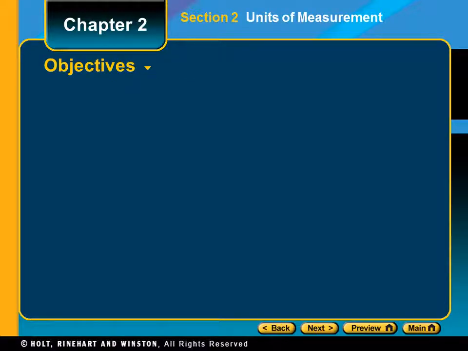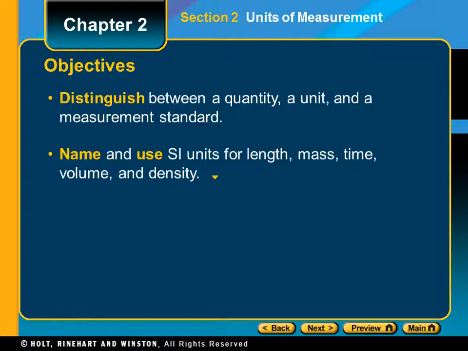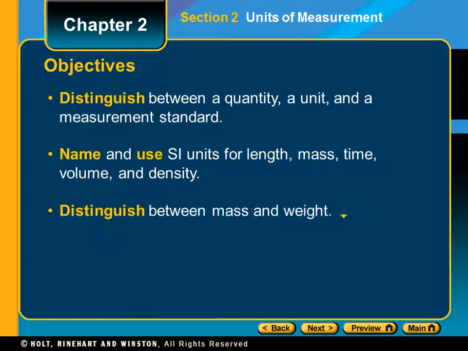All right, now we're going to look at the units of measurement. Here, I want you to be able to distinguish between a quantity, a unit, and a measurement standard. We're going to name and use the international standard units for length, mass, time, volume, and density.